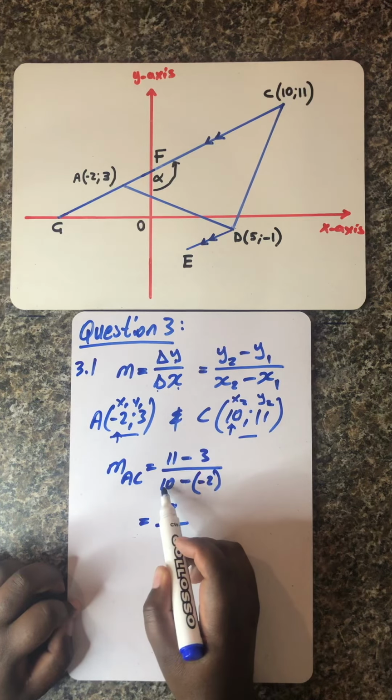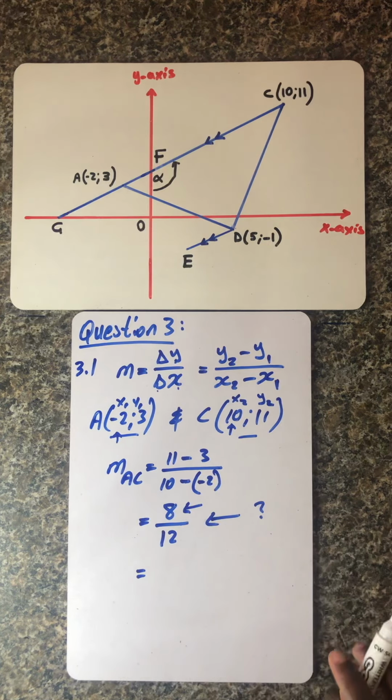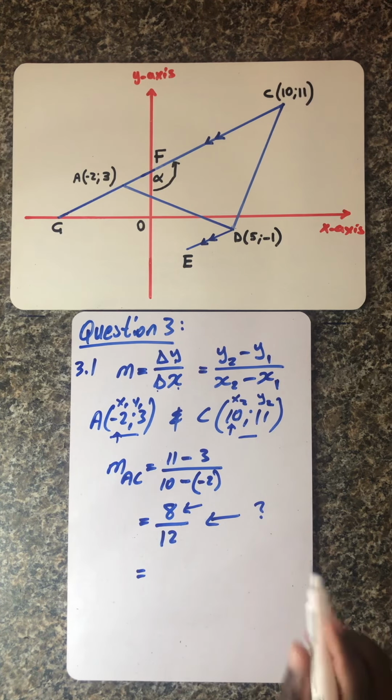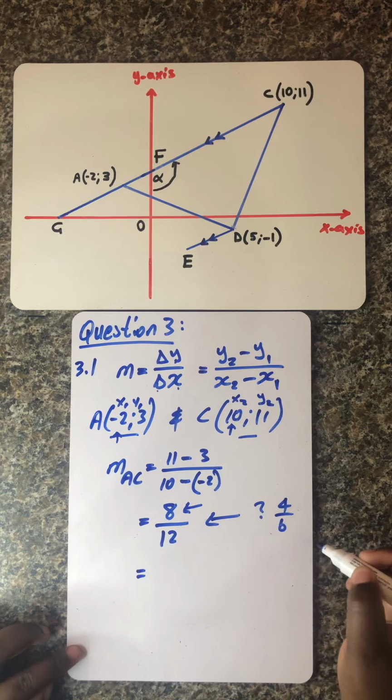Okay, so ladies and gentlemen, can we write this thing in its simplest form, which means we need to find a common factor? So I think 2 goes how many times? Is it 2? I think not necessarily 2, but 4. 4 is also the highest common factor, because 2 will give us, for example, 4 and 6, I think.